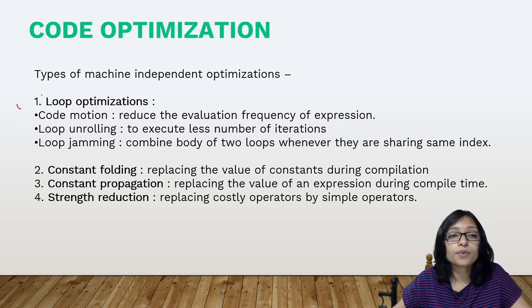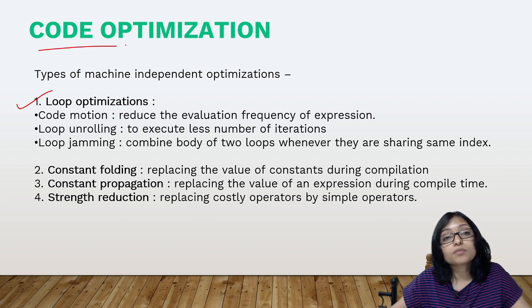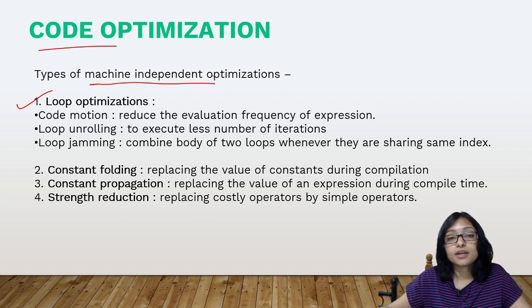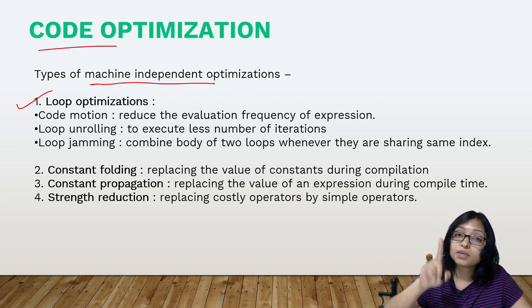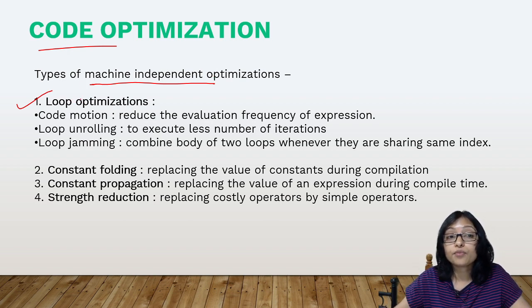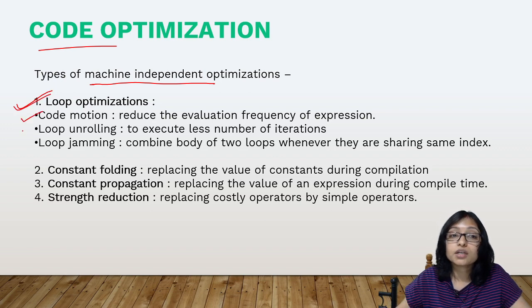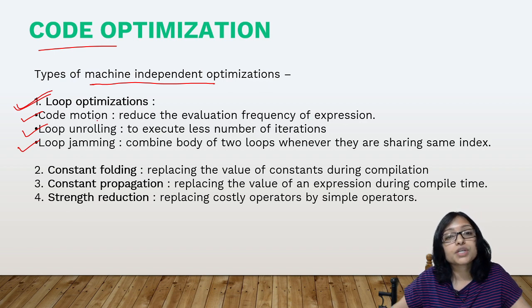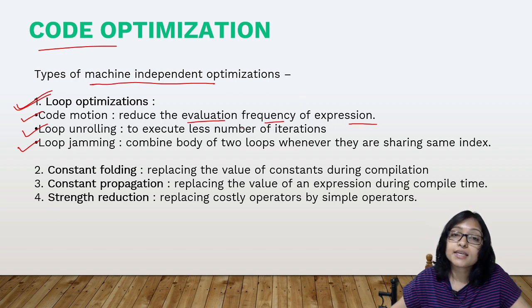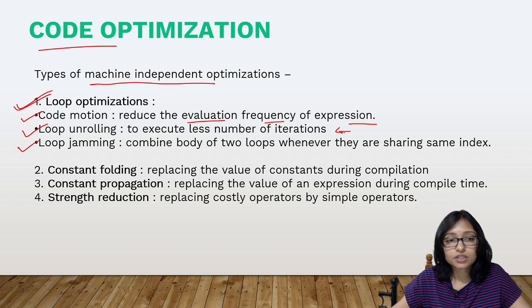Finally, code optimization. This code optimization is machine independent. Till now, peephole was machine dependent. Machine independent optimization uses loop optimization like code motion, loop unrolling and loop jamming. Code motion means reducing the evaluation frequency of the expression. Loop unrolling means executing fewer iterations.